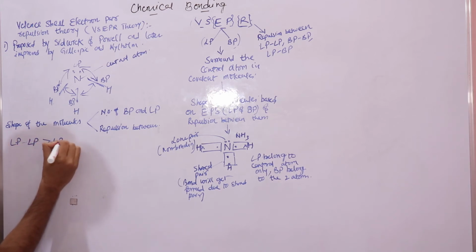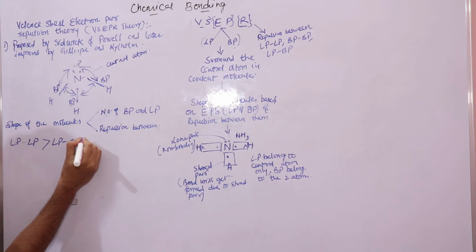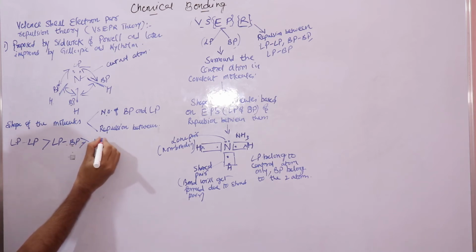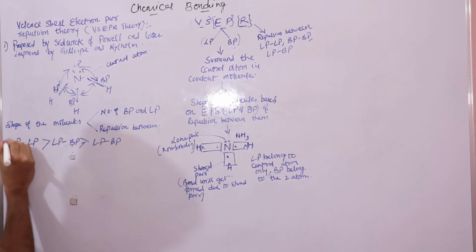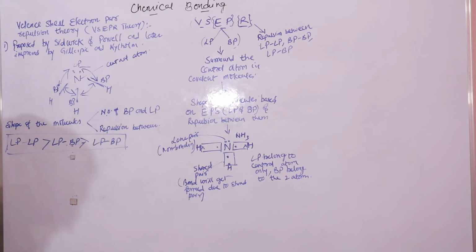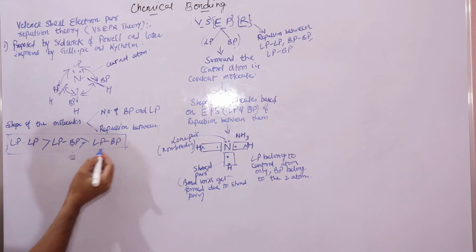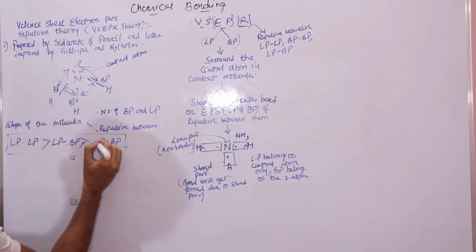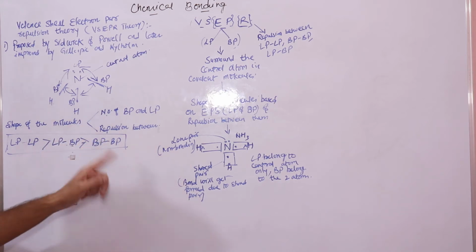After this, lone pair and bond pair, then you have minimum repulsion between bond pairs. This is important, right? Now, what is the reason that the force of repulsion is maximum between lone pairs and minimum between bond pairs?